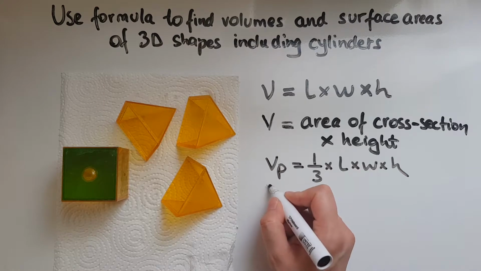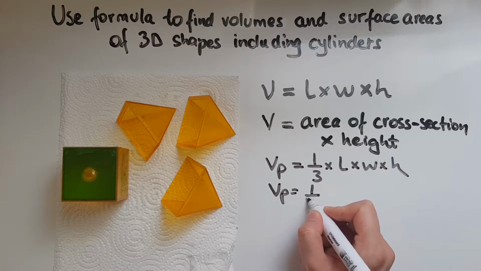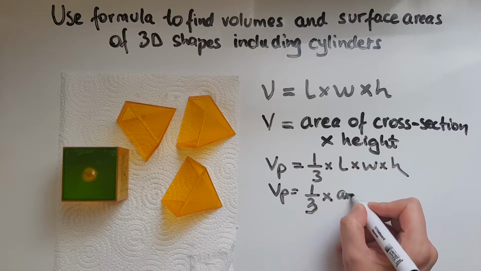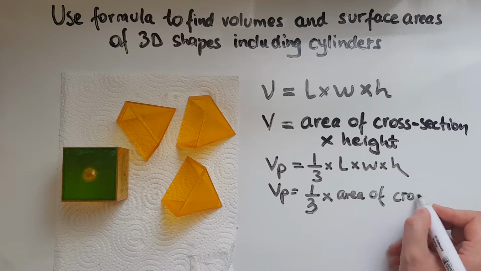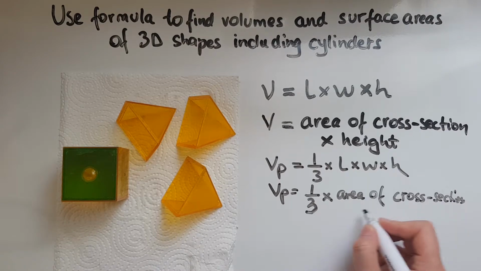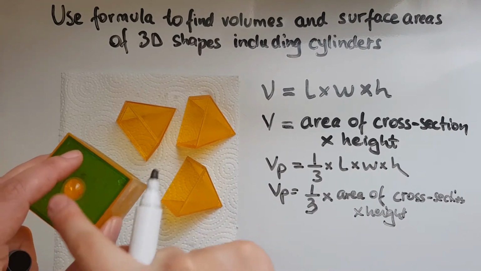Or the other alternative would be equals to 1/3 times area of cross section times height. That's the base as well.